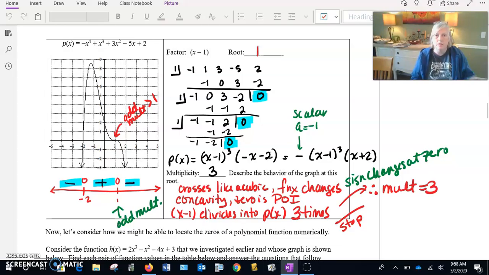But because it looks like a cubic, the multiplicity has to be 3, 5, or 7. But again, we can take out the 5 and 7 because it's a 4th degree polynomial, so the degree caps it on that one. But again, the only way to prove it is to actually do the division and see how many times that factor divides into your polynomial.